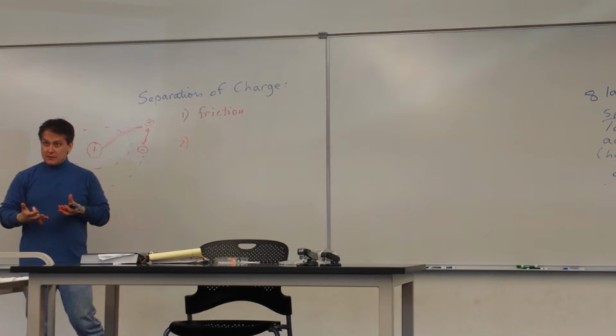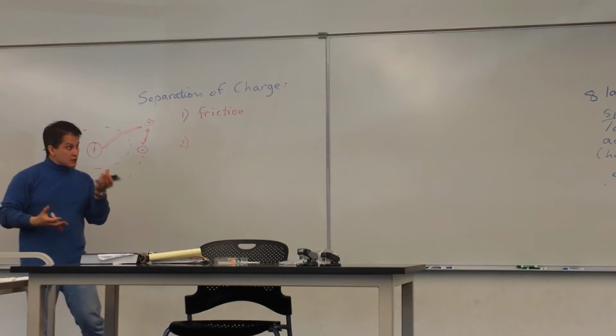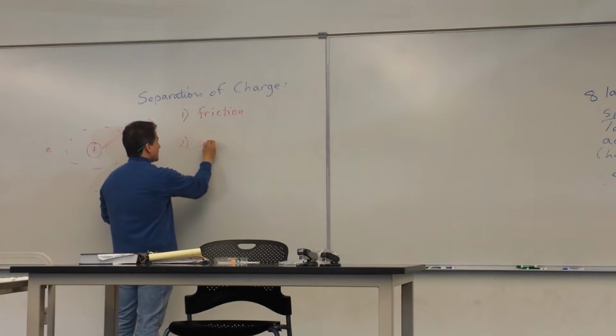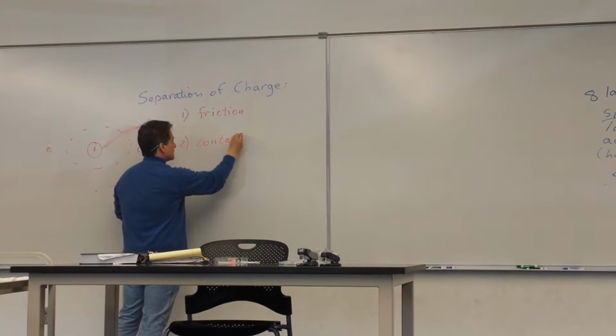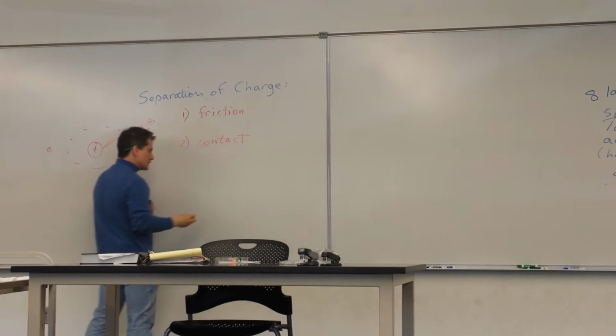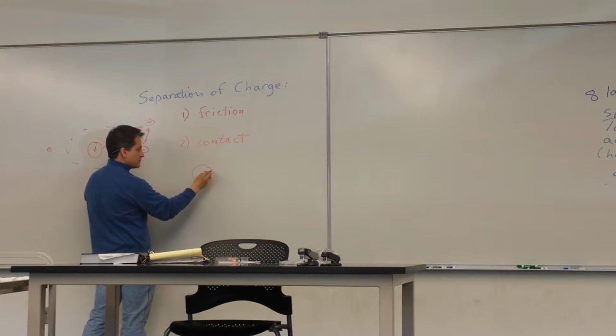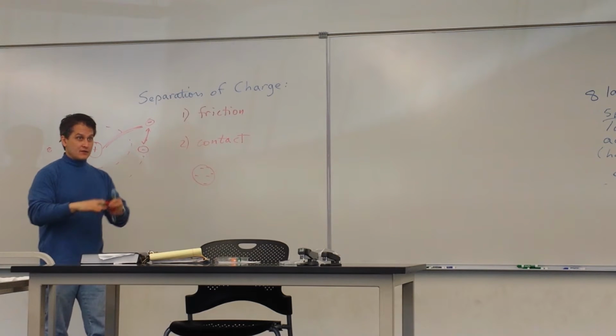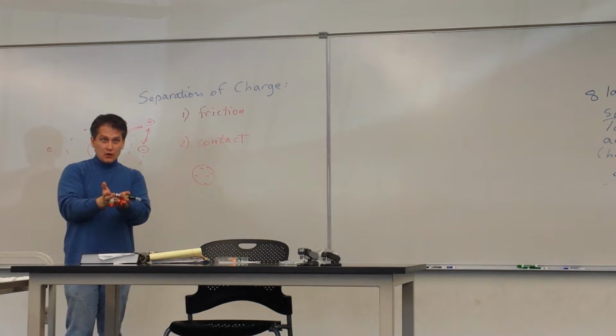Another way that this can happen is to take a charged surface, or a charged substance, and make contact. So I take some material, and maybe it's got extra electrons on it. Well, those electrons, if they're in excess, are going to be repulsing each other.